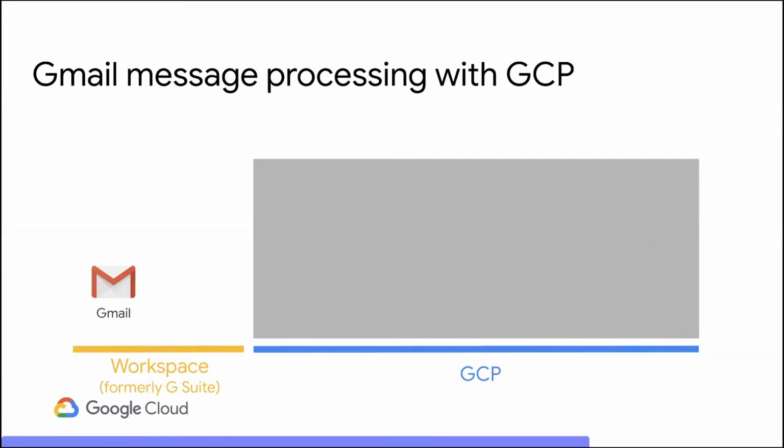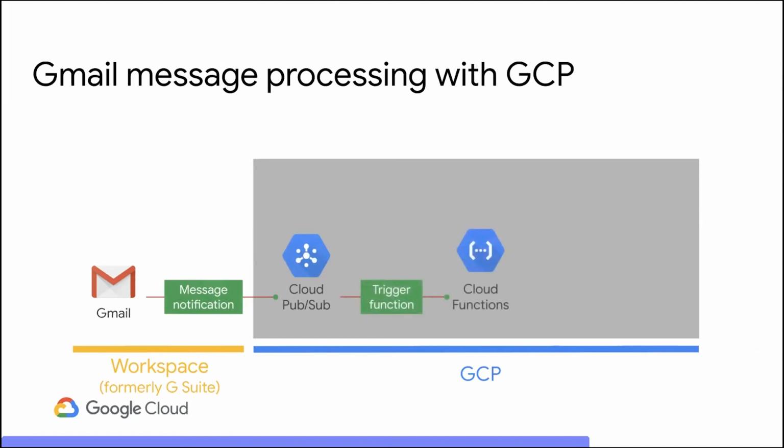He wrote an app so that anytime you got a new message in Gmail, that would send a message to Google Cloud PubSub, which is like Apache Kafka. If you've used that, it's a message queue service. That will trigger a Google Cloud function, one of the serverless tools I represent, and that will extract the attachments and send those pictures to Cloud Vision to analyze them.